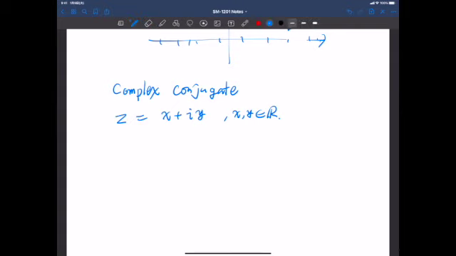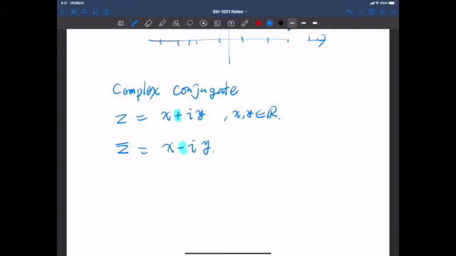Then its complex conjugate is defined as this: z bar equals x minus iy. So we swap this sign from positive to negative. So that's the conjugate of z.